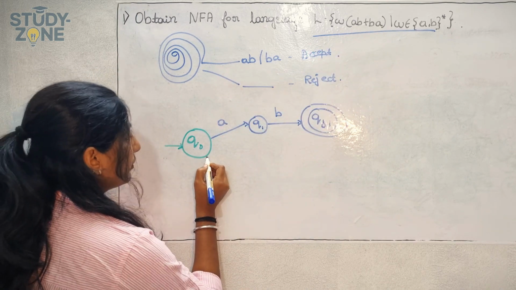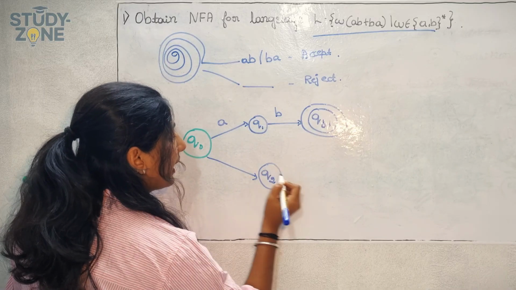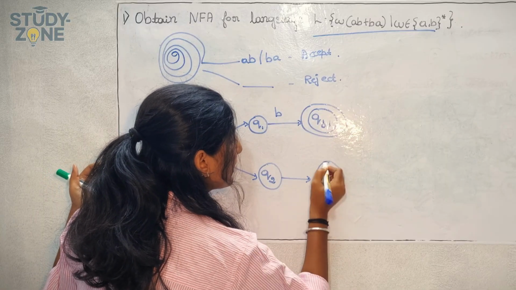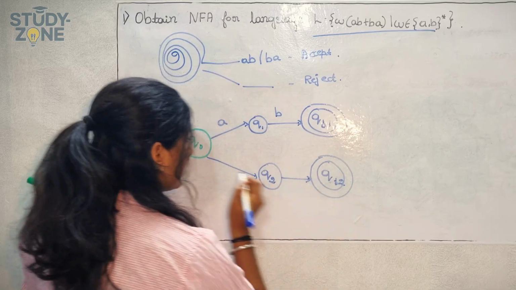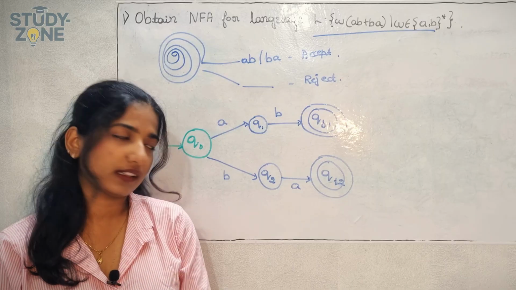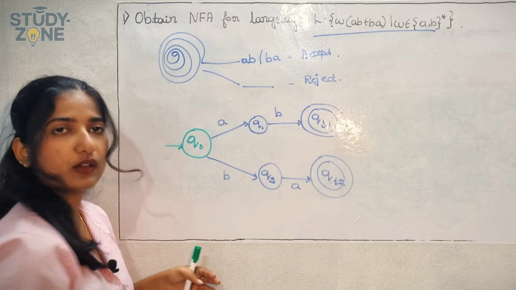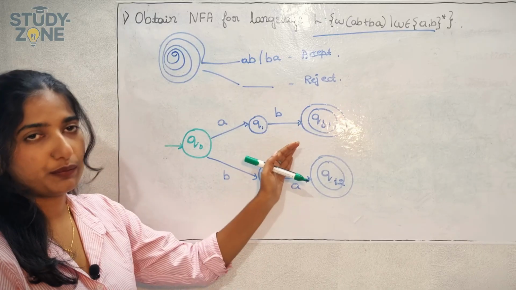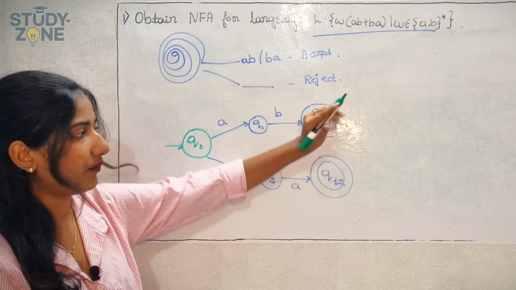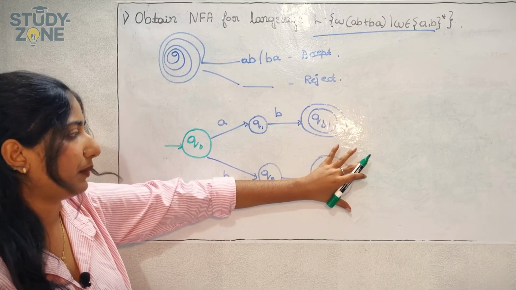If I have a string that ends with ba, then it will go to another final state, that is QF2. In other cases you can take a common final state and common arrows, but for simplification I am taking two final states. For ending with ab, this one will be the accepting state. For ending with ba, this one will be the accepting state.